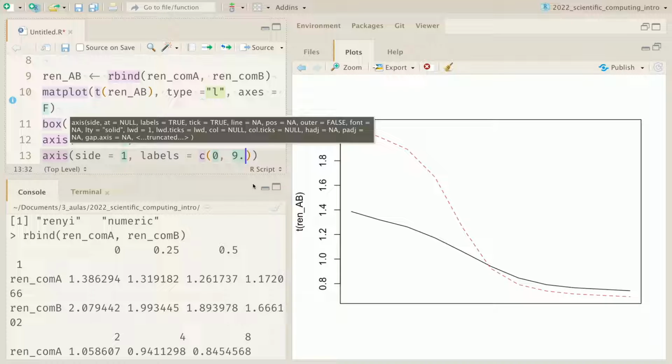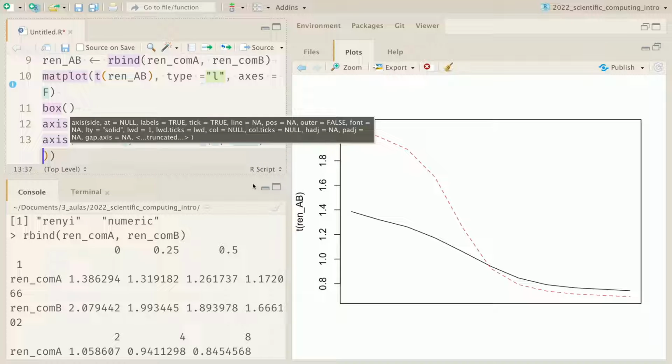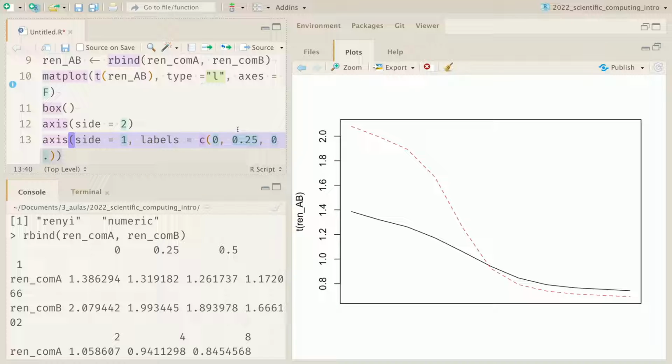So it should be 0, 0.25, 0.5, 1, 2, 4, 8, and infinite.